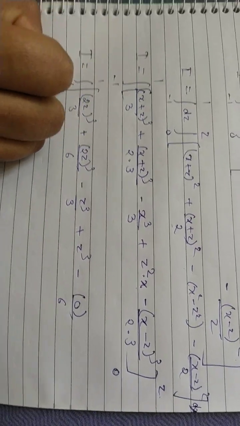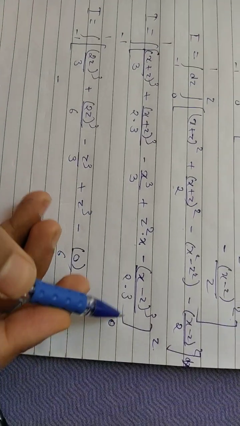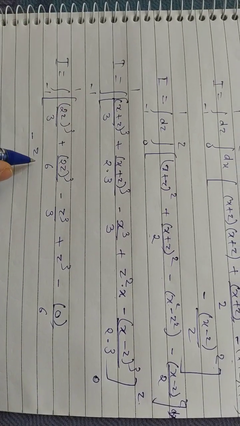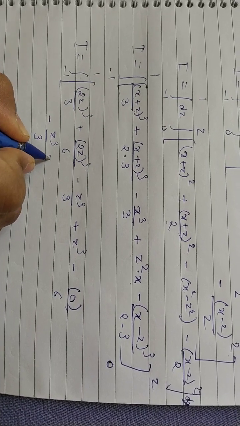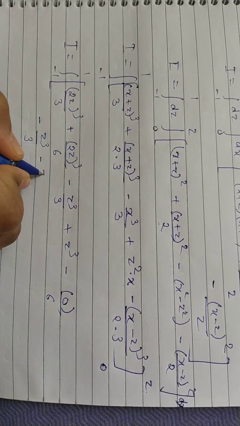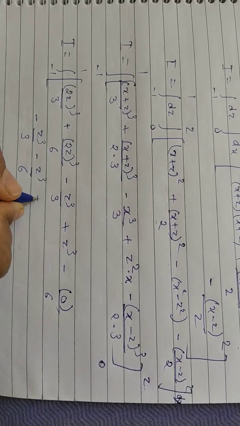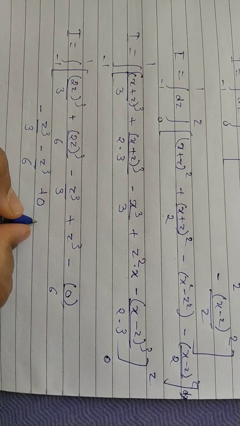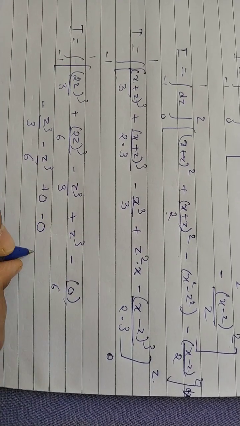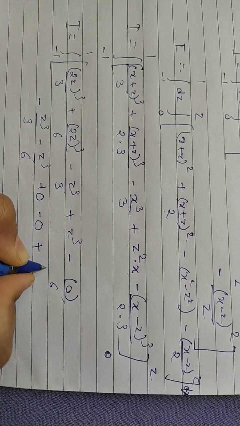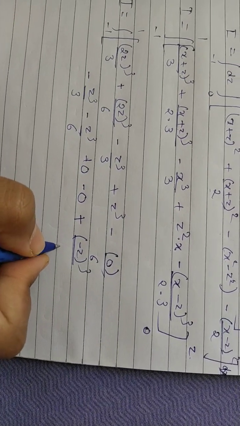Okay, this is for the upper limit. Now for the lower limit, x is 0, so this becomes z cube by 3 minus z cube by 6, here 0 plus 0, here 0 because x is 0, and here minus minus plus, minus z cube upon 6.